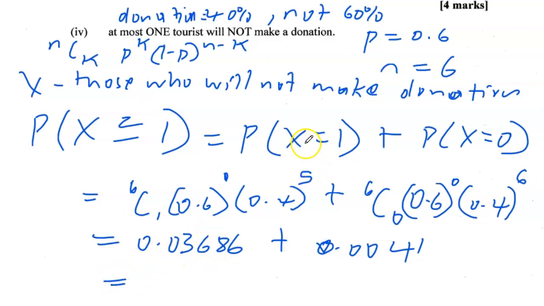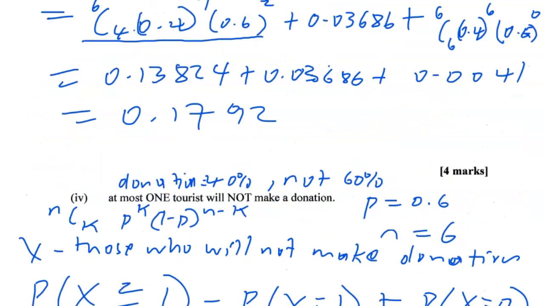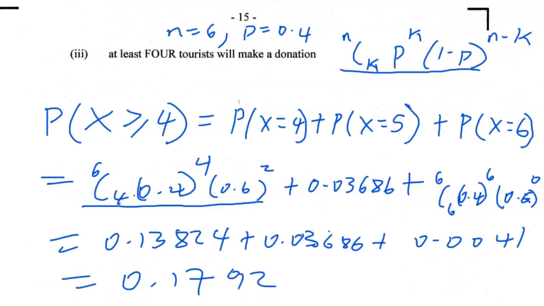Because remember, if one person doesn't make a donation, it's the same thing as saying 5 persons make a donation, and we already have X equal 5 above there. And the chance of 0 making a donation, that is 0 not making a donation, is the same thing as saying 6 made a donation. So X equal 1 here is the same as the 5, and the same for the 6.